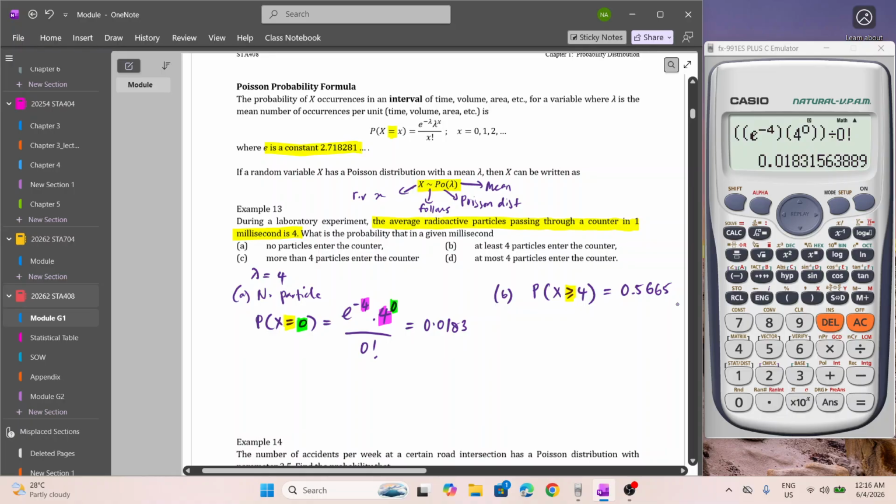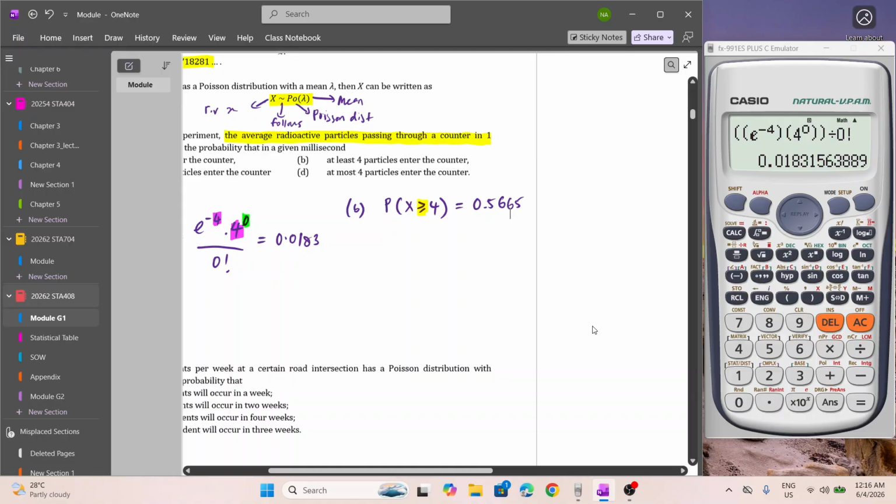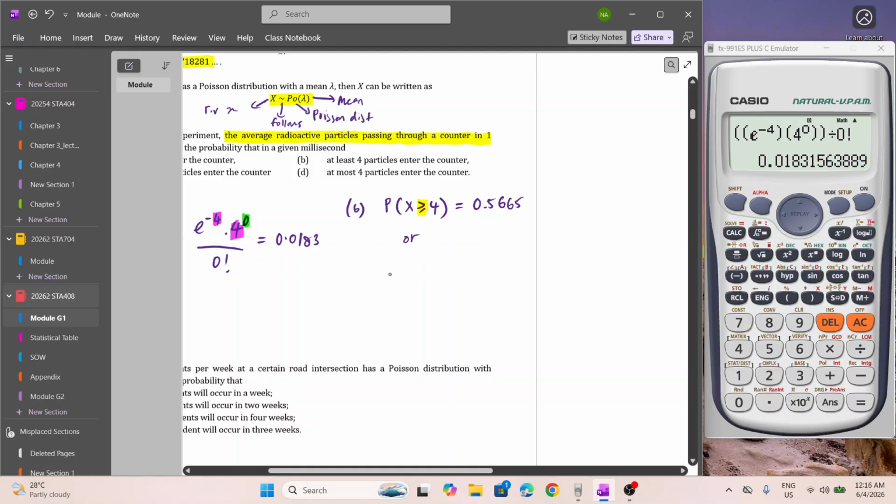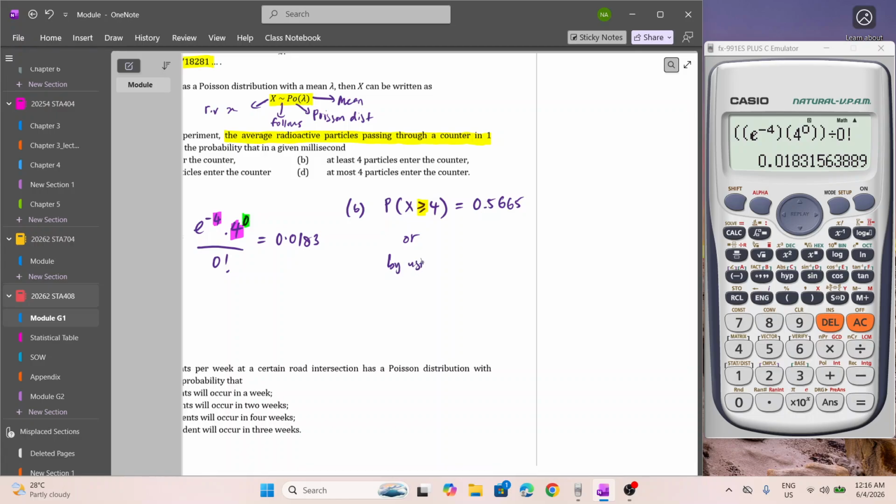But if the question asks you to use the formula, class, you need to find it manually, and it is a lot of work. If you want to use the formula, the probability of x greater than or equal to 4 for the Poisson distribution is equal to 1 minus the probability of x less than or equal to 3.